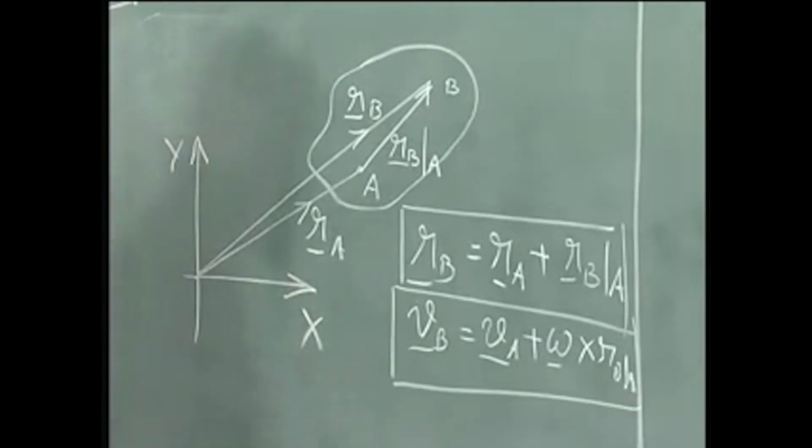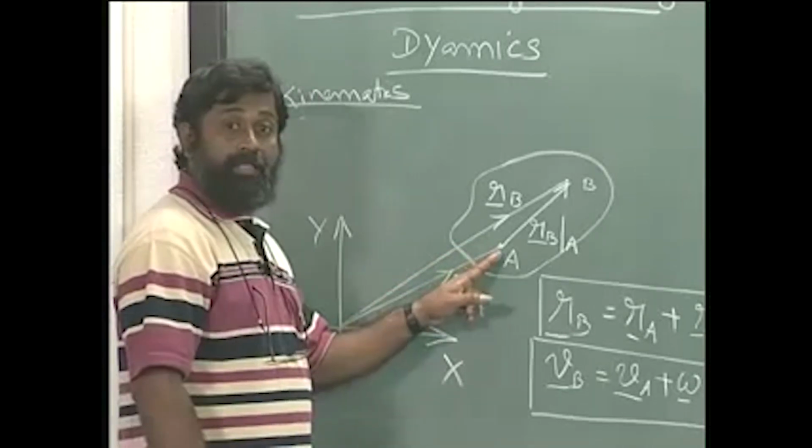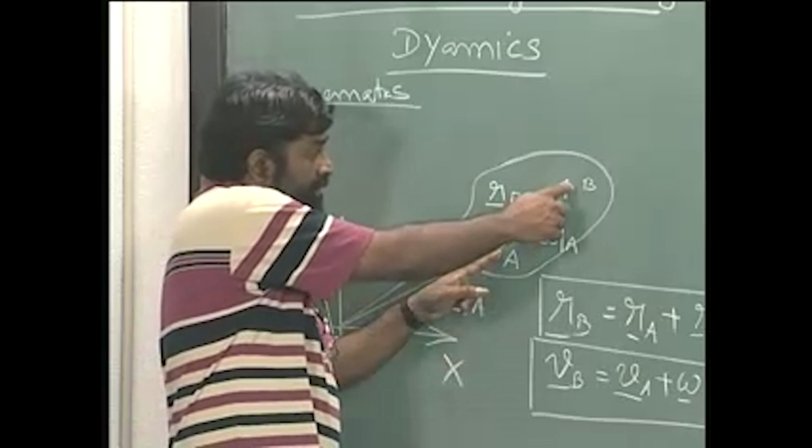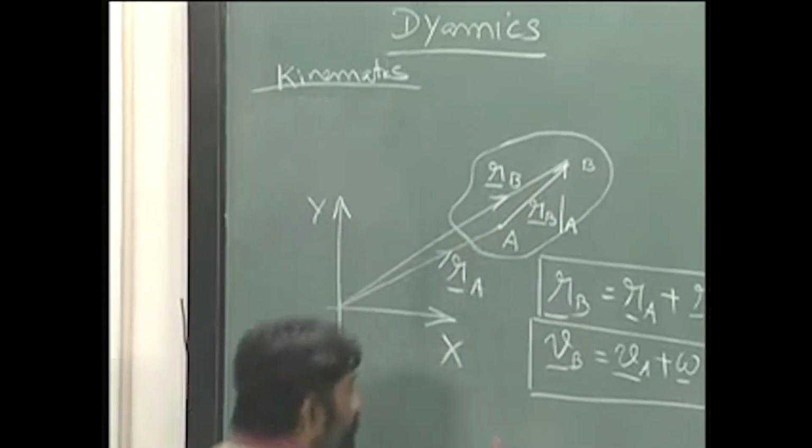How about the acceleration? Acceleration will have the acceleration of A and then the acceleration of B relative to A. So we are going to write it over here.